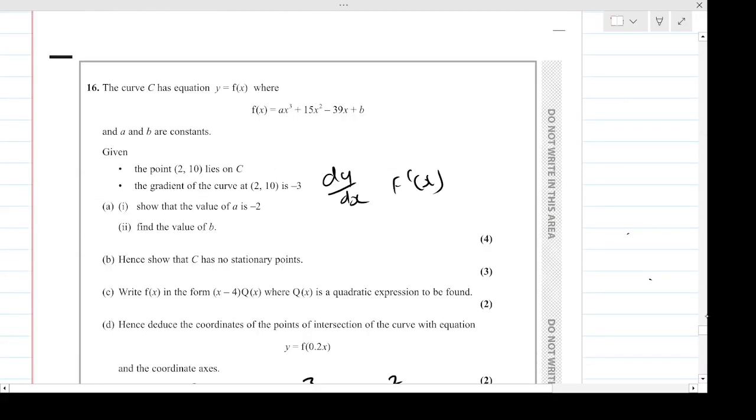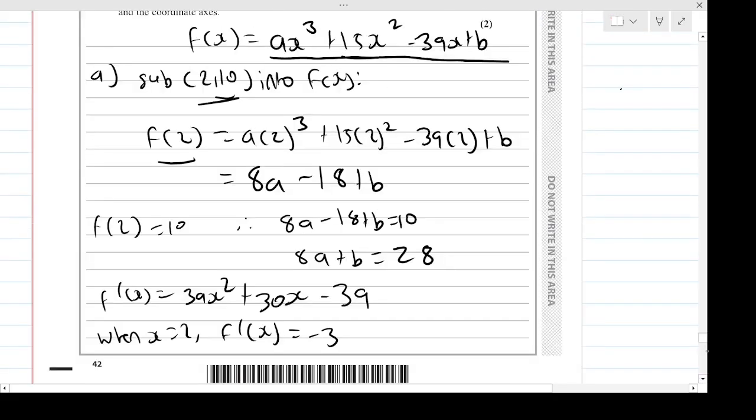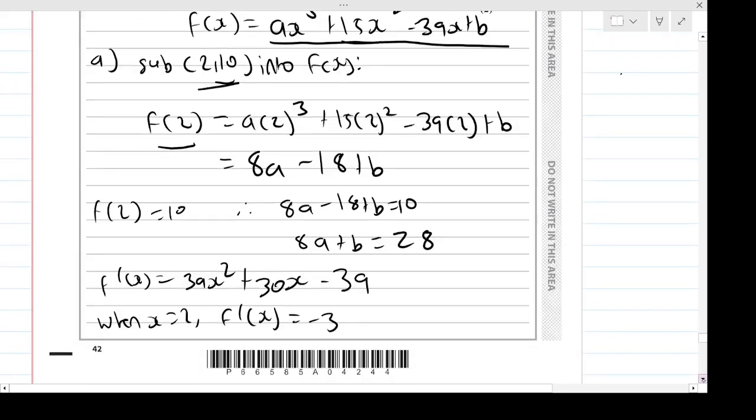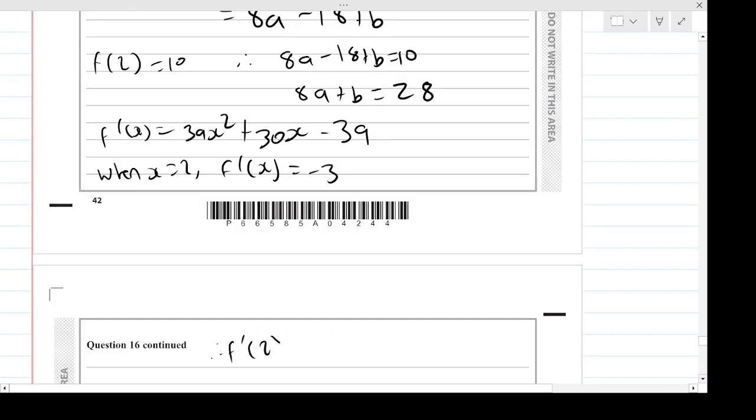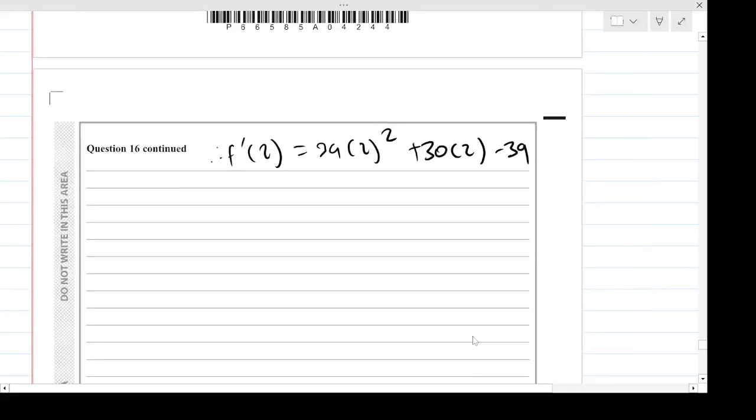So I'm going to plug x is 2 in. f dash of 2, the gradient at 2: here we've got 3ax squared, 2 squared is 4, 4 times 3 is 12, so it's going to be 12a, and then 30 lots of 2, take away 39 is 21.